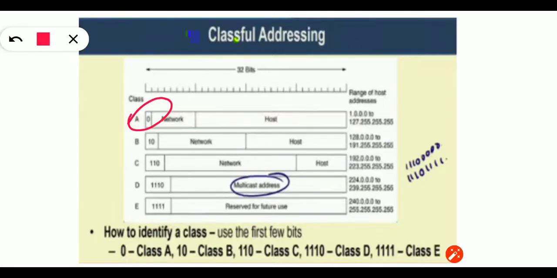If the first 2 bits are 1 and 0, then it is a class B address. If the first 3 bits are 110, that is class C. If the first 4 bits are 1110, then it is class D, and the remaining part, 1111, is class E addresses.